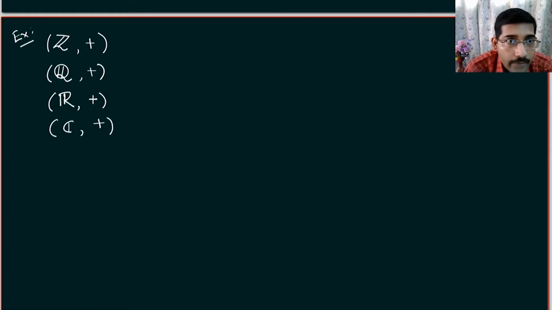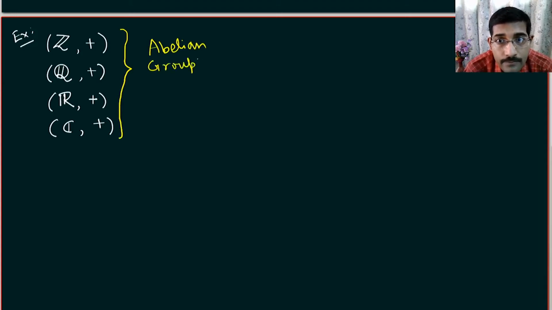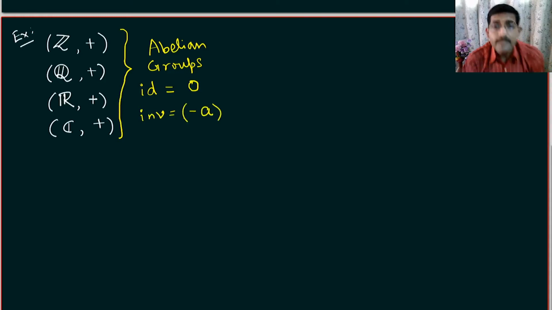All these four are examples of abelian groups, because addition can be done in any order. Here my identity element is 0, and since it's an additive group, for each element A, I call minus A its inverse.